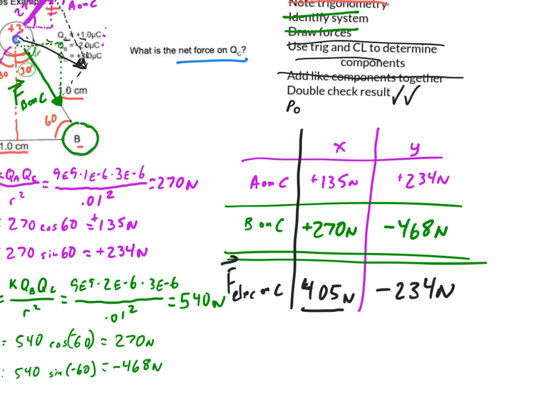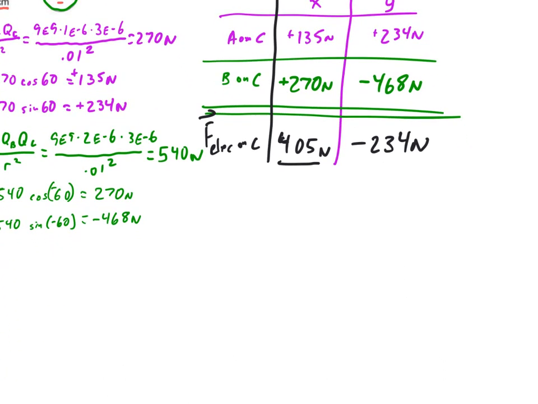What about polar coordinates? In polar coordinates, the magnitude of the electric force on C is going to be equal to 405 squared plus 234 squared, square rooted. That gives me 467, round that to 468 newtons.